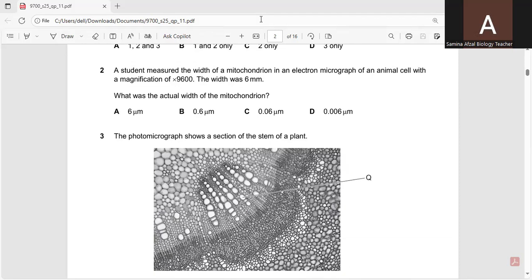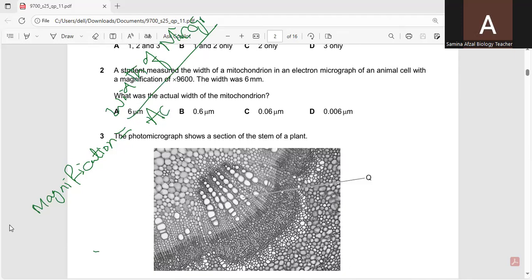So first of all, I'm going to write the formula for this: magnification is equal to width of micrograph over actual width.